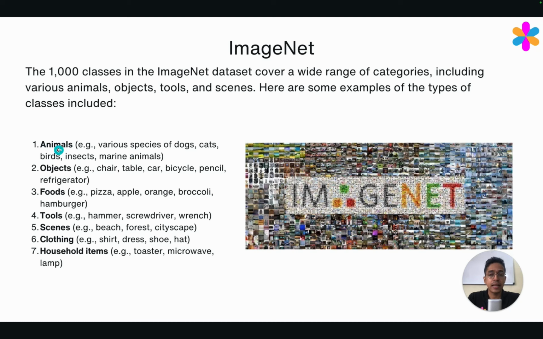There are various types of animals, objects, food items, tools, scenes, cloth items, household items, etc. So these are all part of ImageNet. If we upload images from these categories into a pre-trained neural network like Inception V3, pre-trained on ImageNet, we'll hopefully get some good classification.